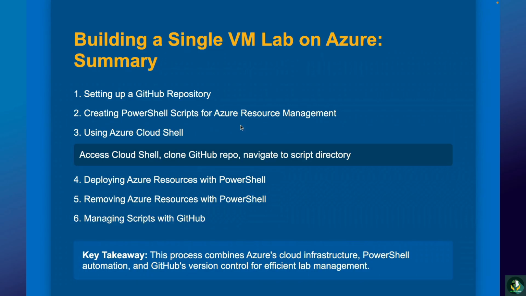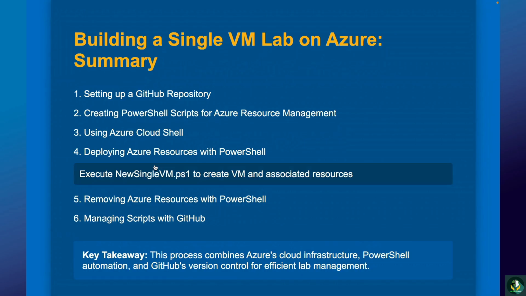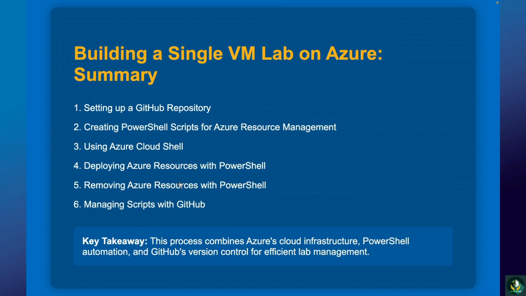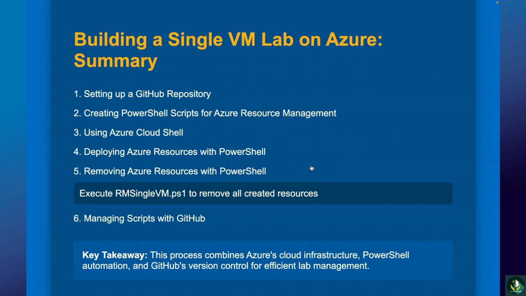We'll access Cloud Shell, clone GitHub repo with the help of Cloud Shell, and navigate to script directory. We'll also deploy Azure resources with PowerShell. We'll execute this new single VM PowerShell script to create VM and associated resources. Then we'll remove the resources created with the previous script.